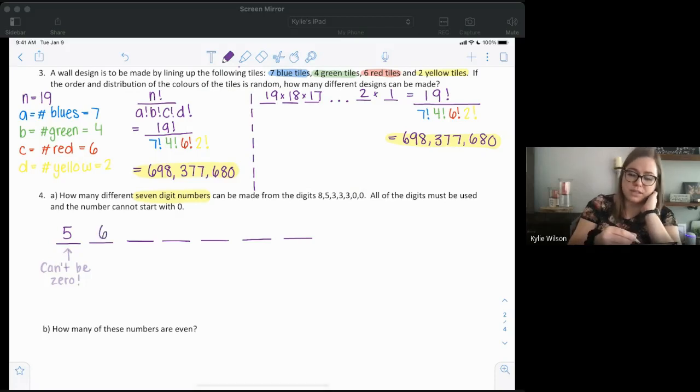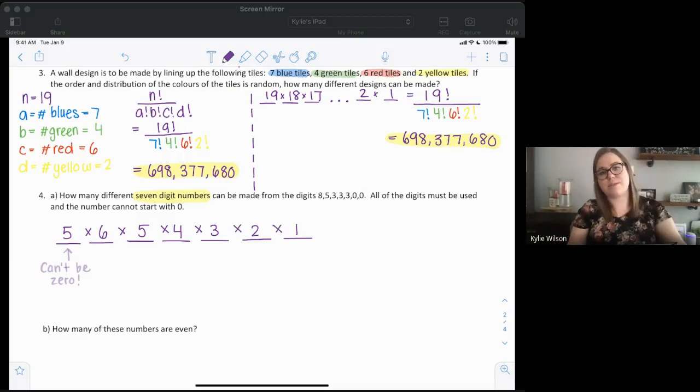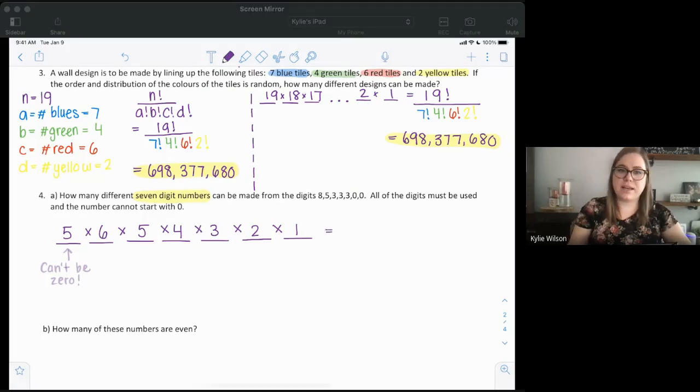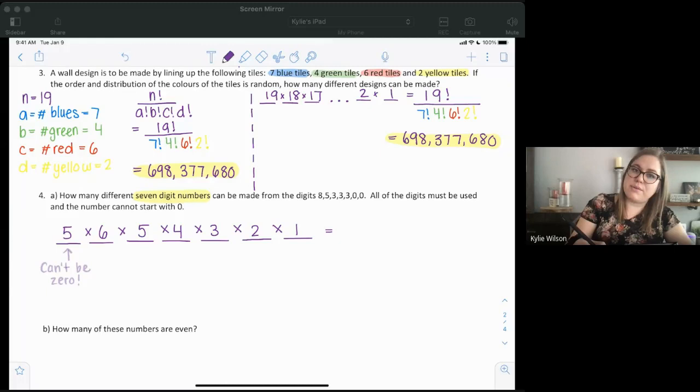So I only have 6 numbers left, then 5, and 4, and 3, then 2, and then 1. And because I need a first number and a second number and a third and a fourth and a fifth and a sixth and a seventh, I'm going to multiply those. And then I need to account for the identical elements. So I'll start by multiplying them.